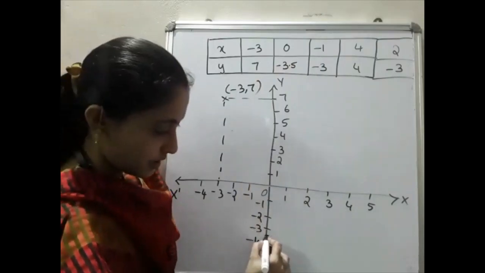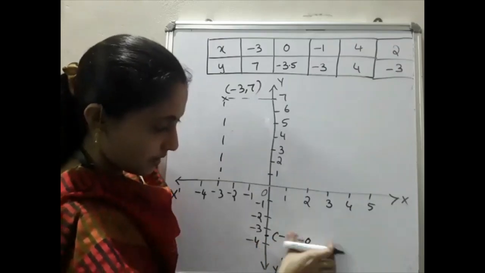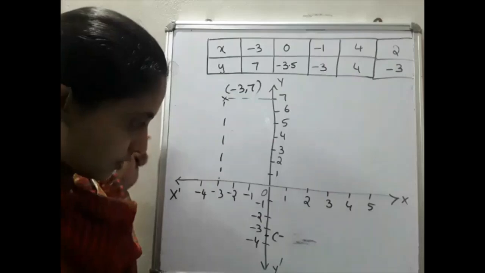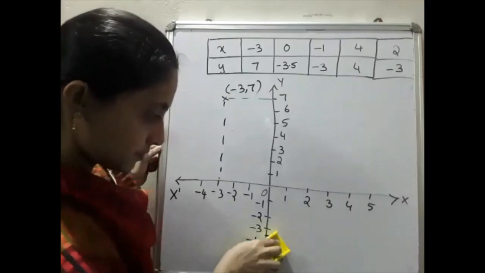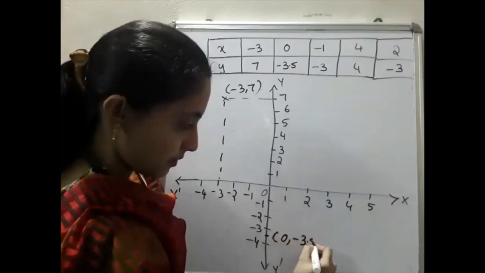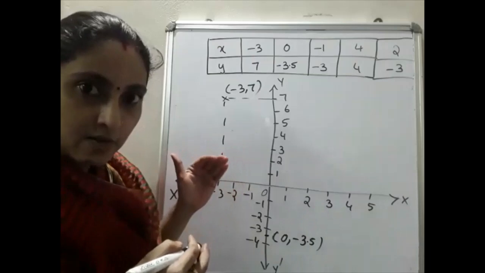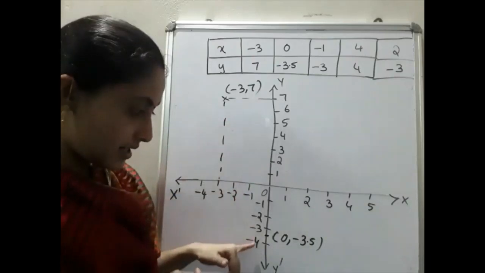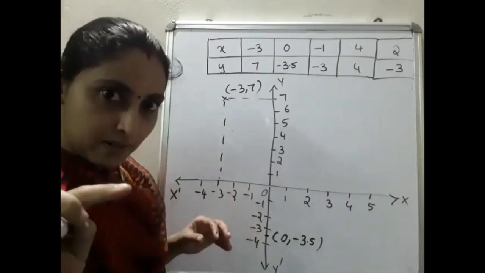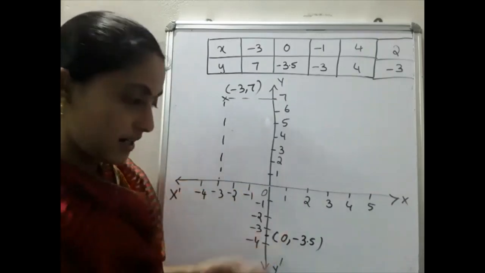So this point is (0, -3.5). Okay, clear? That is the light line between both the dark lines, between -3 and -4. One small middle line, that is not darkened. So you have to write there (0, -3.5).